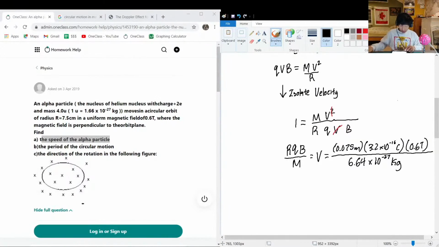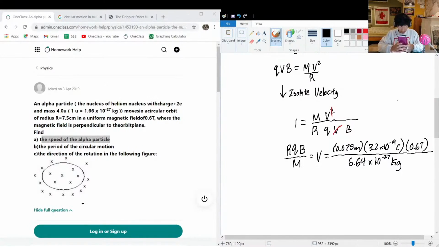Okay, cool. So let's send that into the calculator and figure out the numerical result of that calculation. So we got 0.075 multiplied by 3.2 multiplied by 10 to the power of negative 19. Oh, it looks like a 16, that should be 19. Times 0.6.